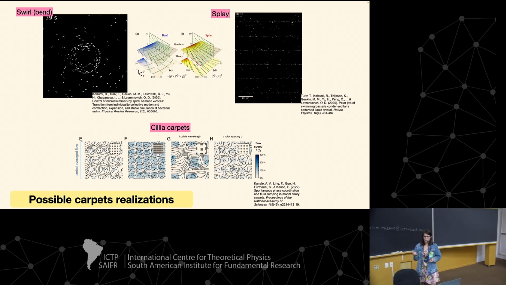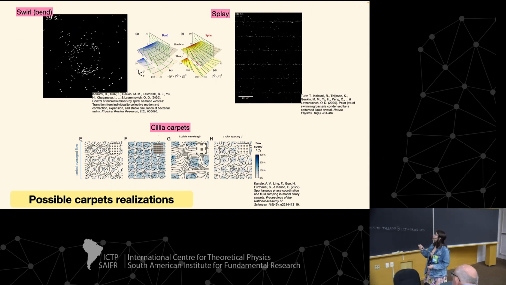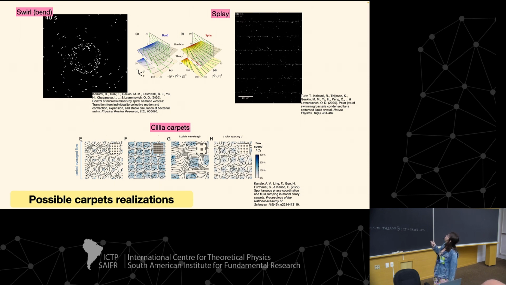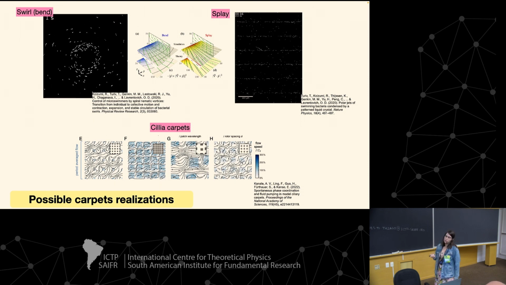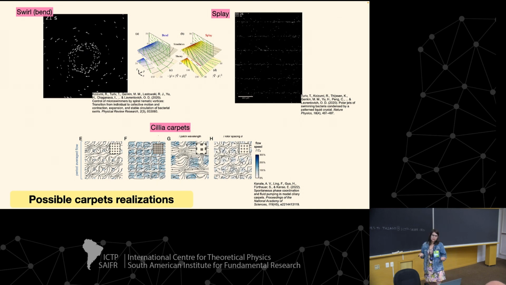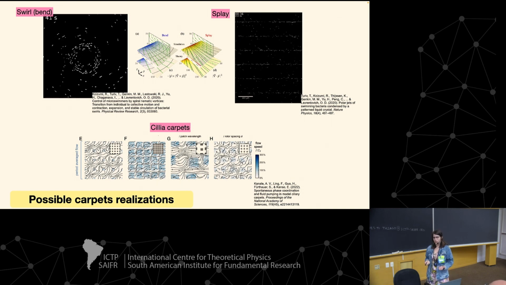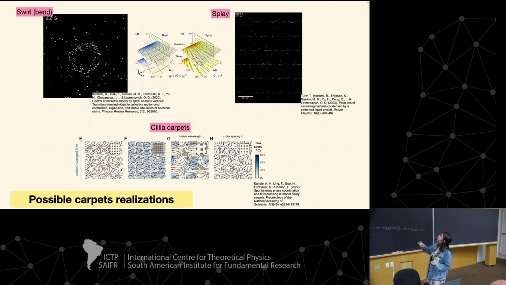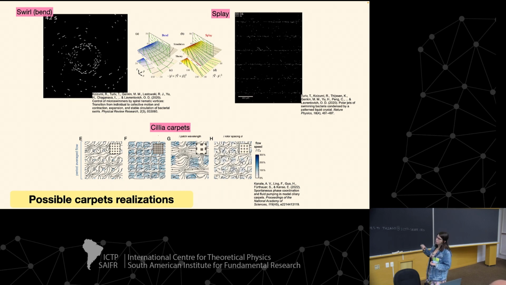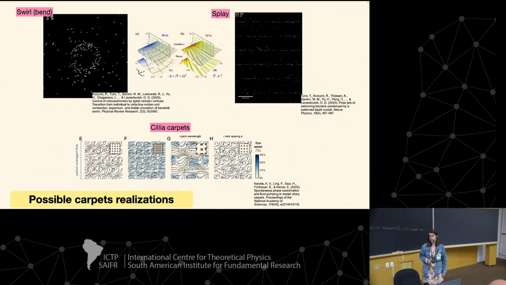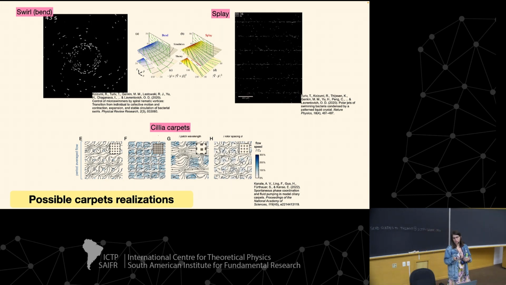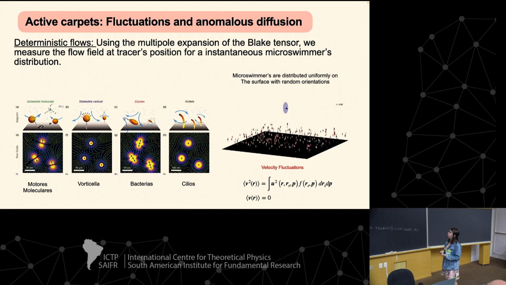So it's very nice results. And also recently, it's possible to form very nice bacterial organizations that we think it might be interesting to test if they can measure the flow above these configurations, like the swirl motion or other configurations, to see if the theory that we developed is right with the experiments.